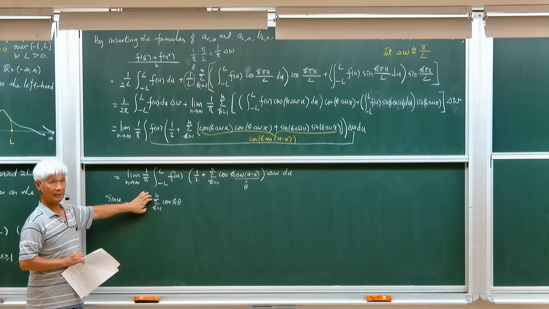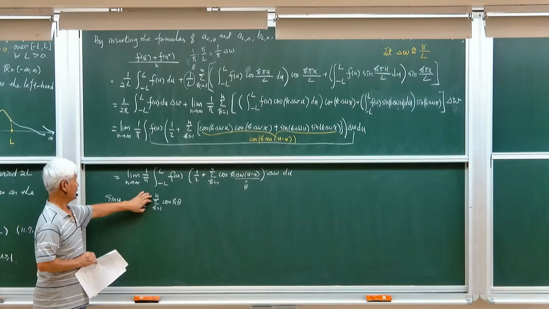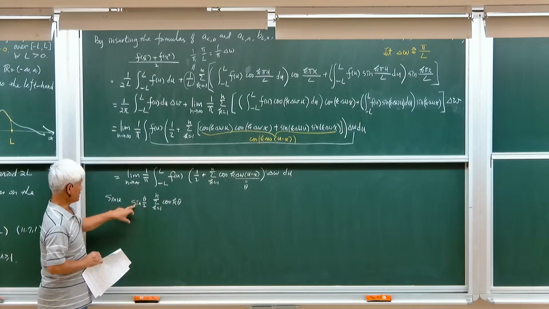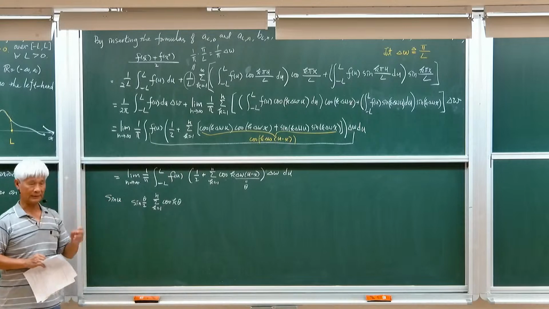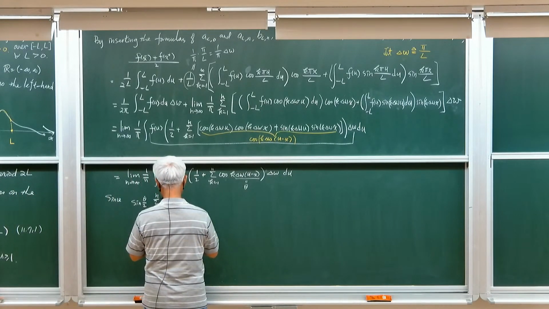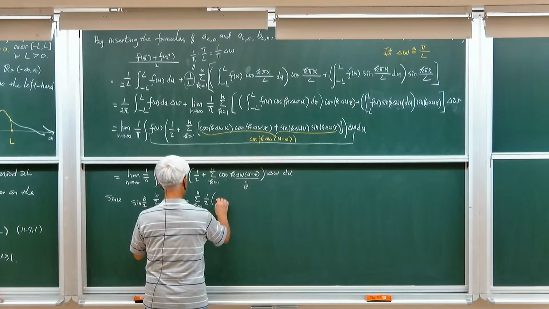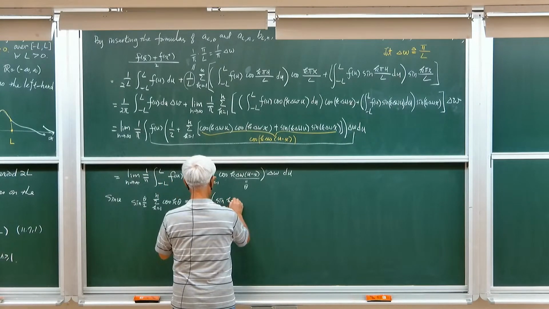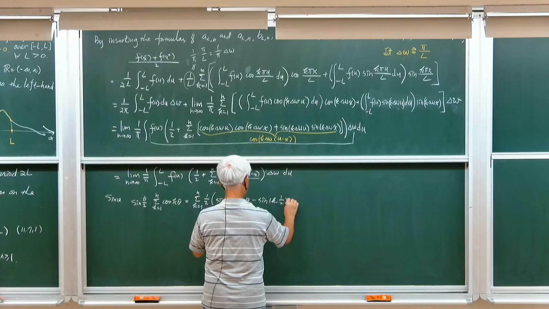And there is a famous identity that if we multiply with sine theta over 2, and by applying the sum-difference identity of trigonometry, we can have sine k plus 1/2 theta minus sine k minus 1/2 theta.